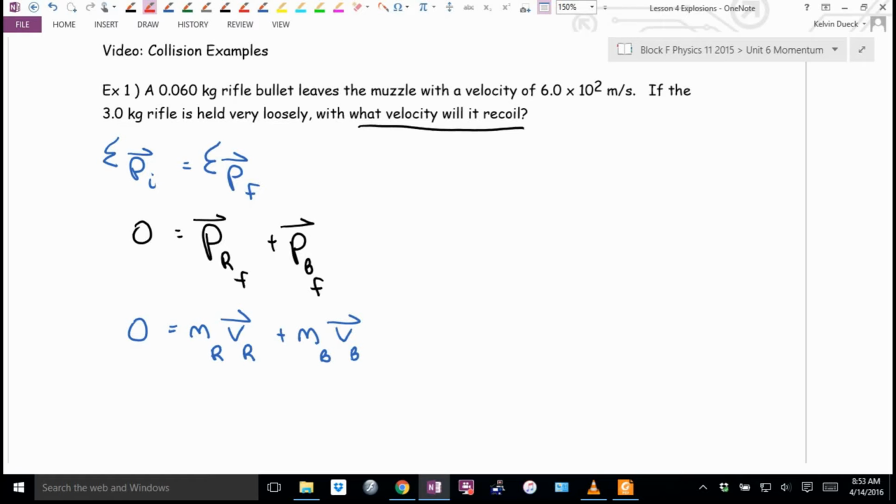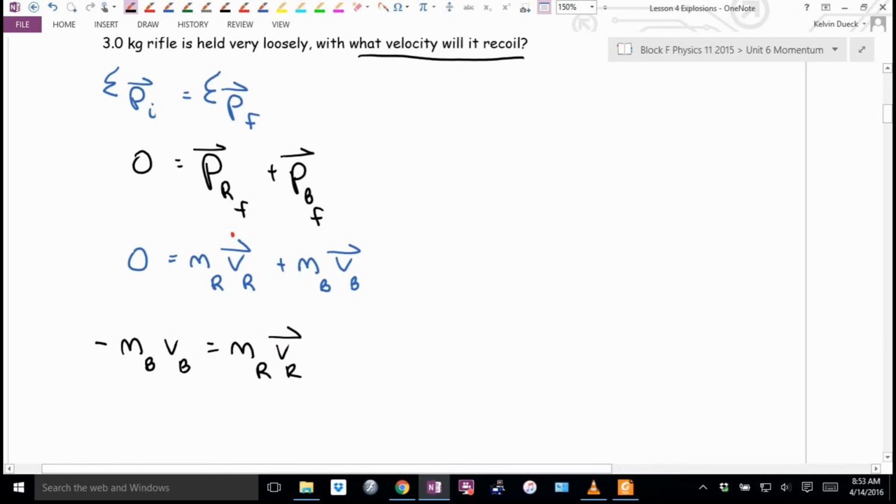Which is what in here? Okay, how would I get that by itself? And it's going to be 0 minus the mass of the bullet, v bullet, which is just negative mass of the bullet, v bullet. Mass of the rifle, v rifle. How would I get the v by itself? Can I do that right now, if that's okay?